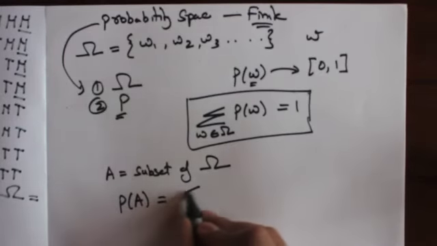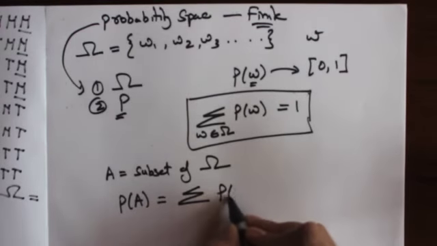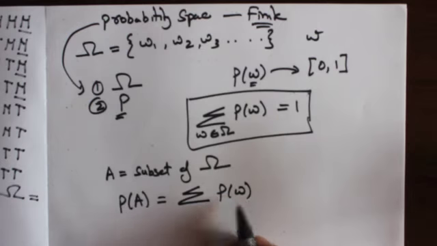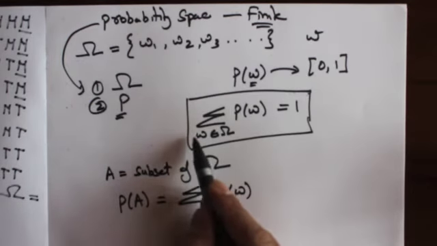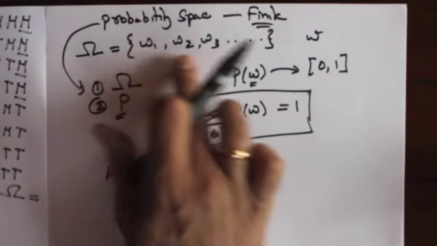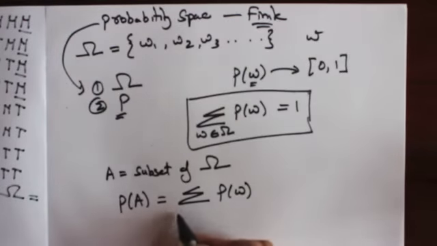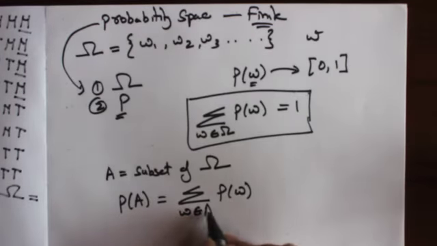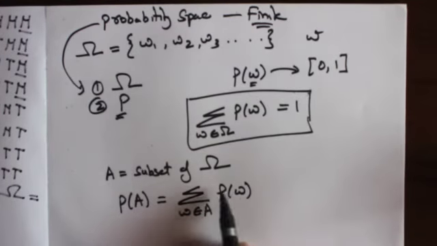Here again we want to sum the probabilities of these outcomes, but instead of the previous example where omega belonged to the entire sample space and we were summing the probability across the entire sample space, here we are only going to sum probabilities of those elements that belong in our subset.